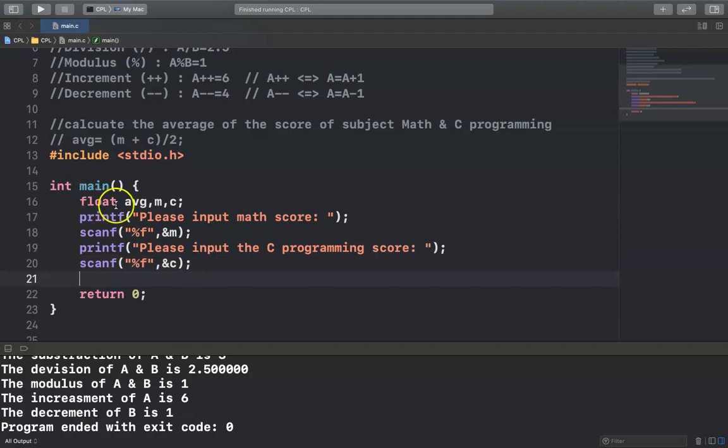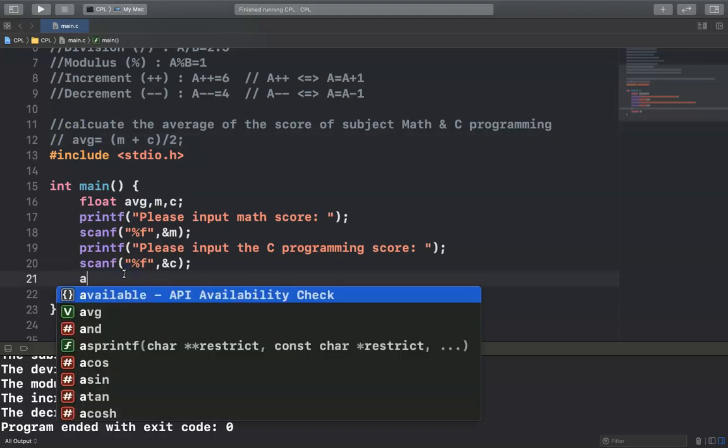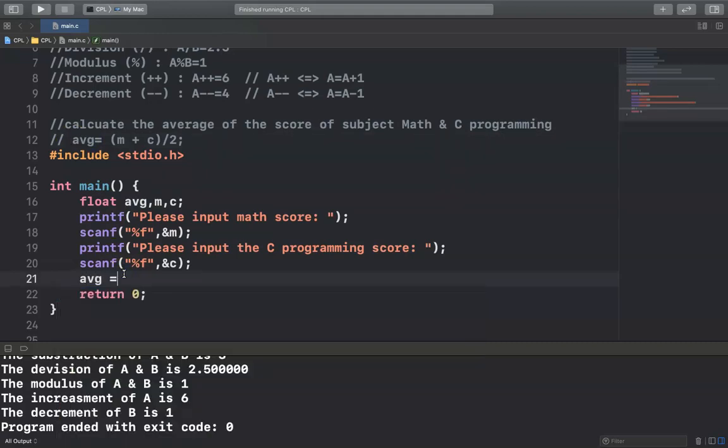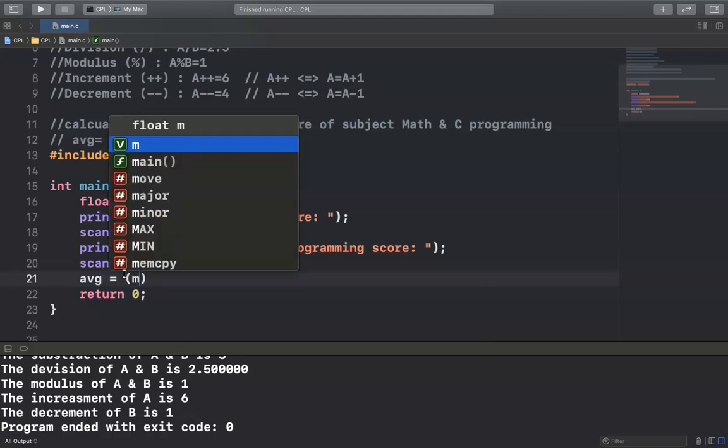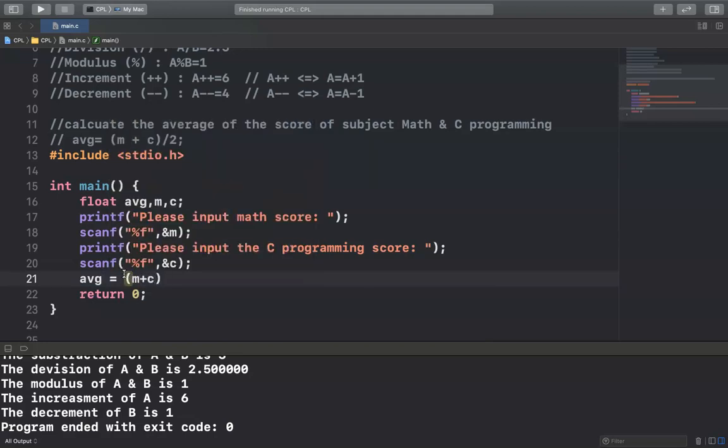And then to find the average, here to find the average, you have to write AVG equal to A plus C and divide by 2. And then you have to print the message.